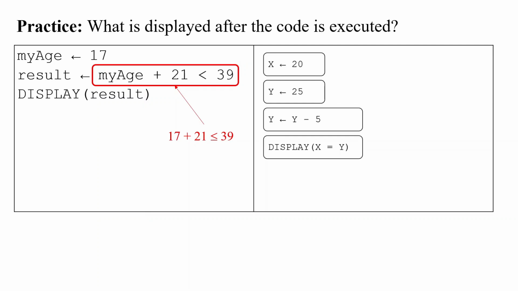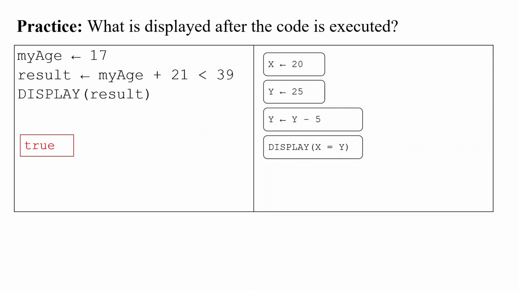A mixture of operators and comparisons. So you do the operator first, you take the 17 plus the 21 to get 38, and then you ask the question, is 38 less than or equal to 39? That is true. And because that's true, true gets stored in result, and then you display result, so you display the word true. Okay.